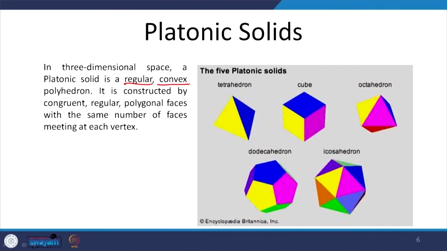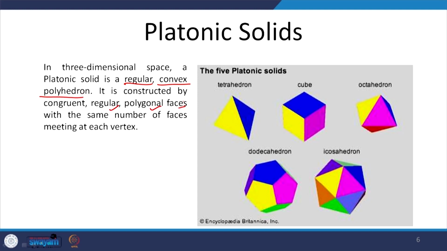The next set of solids is platonic solids. Now, what is a platonic solid? I am sure you must have at least read the definition of platonic solids in your schools. A platonic solid is a regular convex polyhedron and it is constructed by congruent regular polygonal faces.